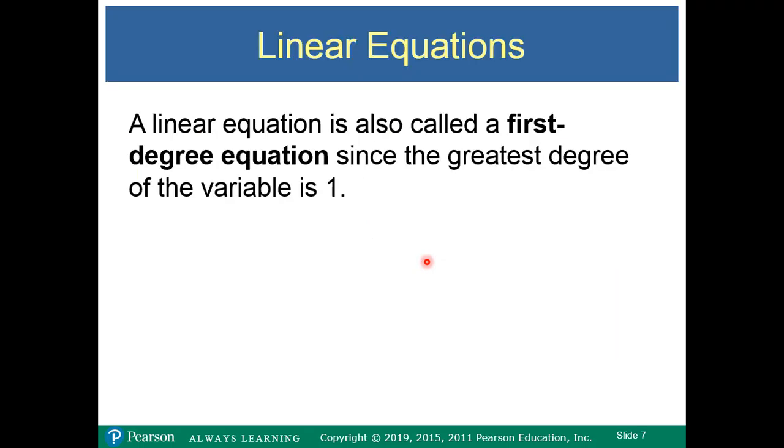A linear equation is also called a first degree equation because the degree of the variable x, or y, if it's y, is 1. What we're talking about is the exponent. The exponent on the variable is 1.